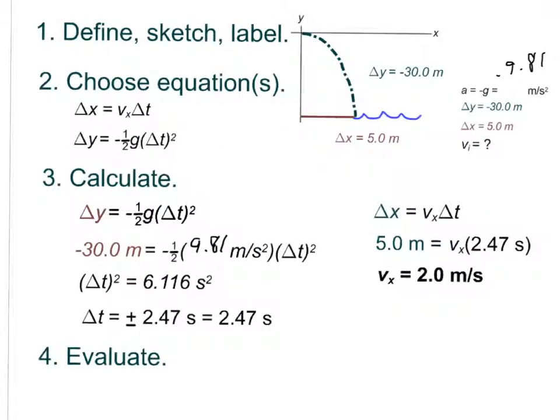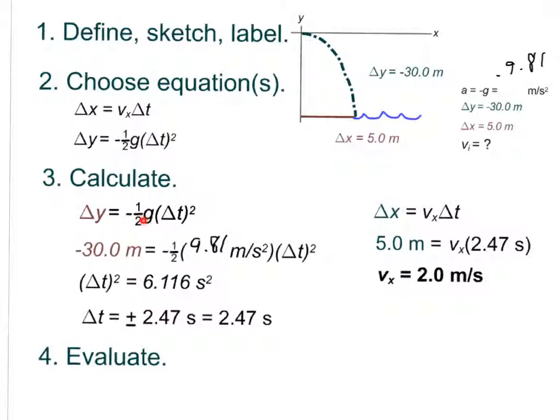Okay, now we can calculate, and I apologize again for my dyslexic things here. 9.81. Now, I want to point out something. If acceleration due to gravity is negative g, it's in a negative direction, 9.81, that is factored into these equations.